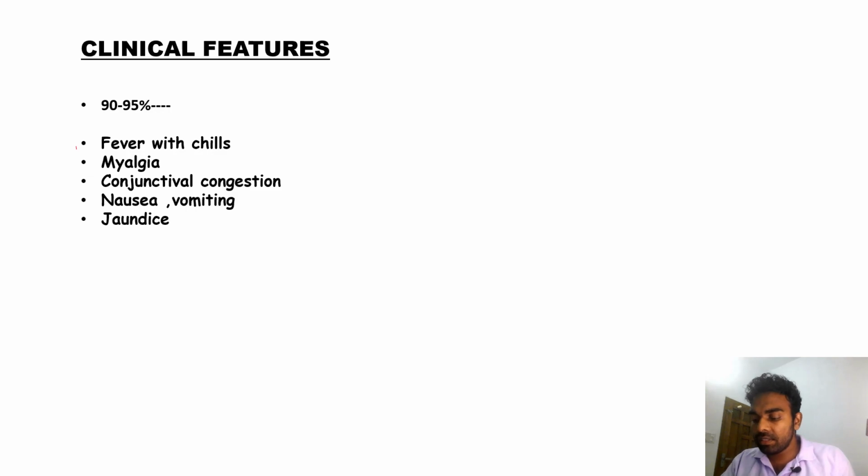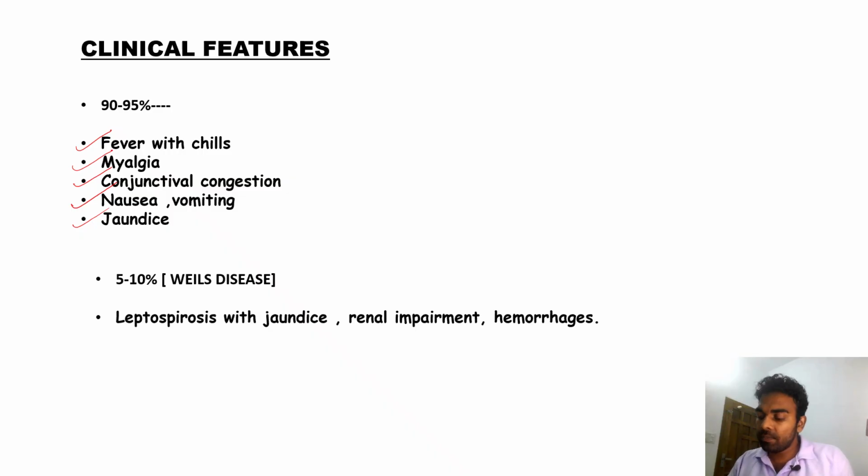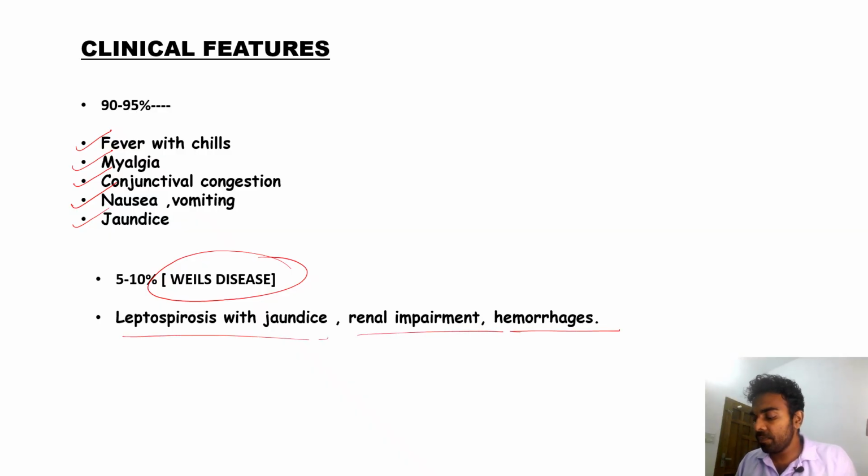In 90 to 95% of cases, people come with complaints of fever, chills, myalgia, conjunctival congestion, nausea and vomiting, and jaundice. But there are cases, the last 5%, where you get complicated leptospirosis, which is known as Weil's disease. Weil's disease means leptospirosis complicated with jaundice, renal impairment, and hemorrhages.